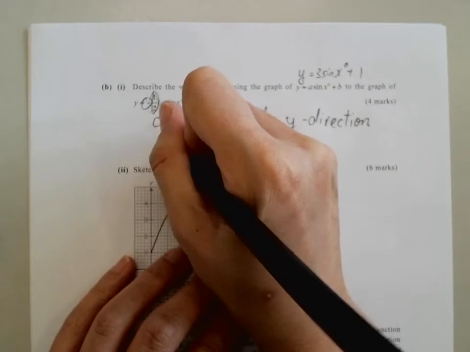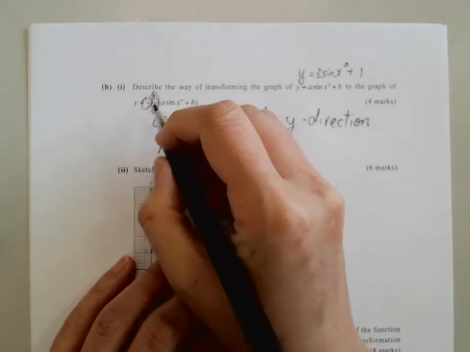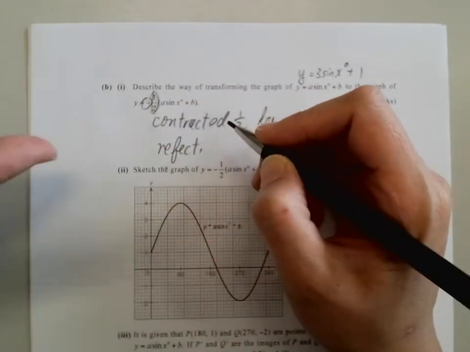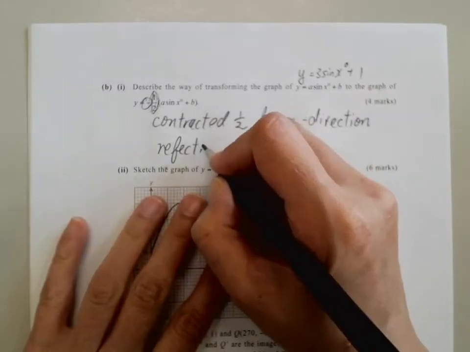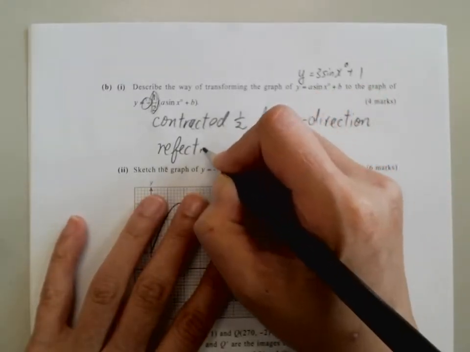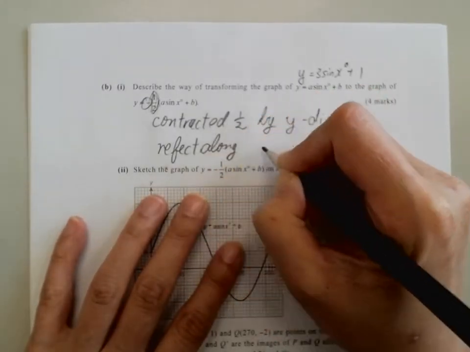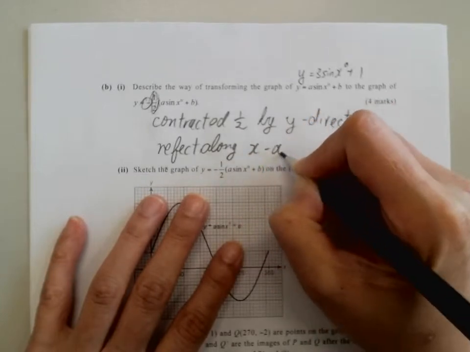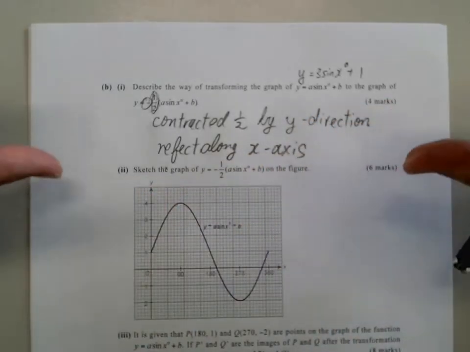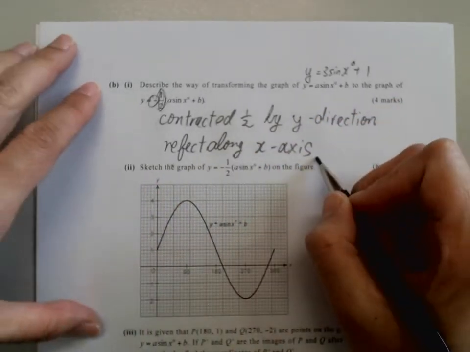And then reflect, because it's outside again, so it's a reflection. It's reflected along the x-axis. It is still the y direction where we flip it over, but it's a reflection along the x-axis.